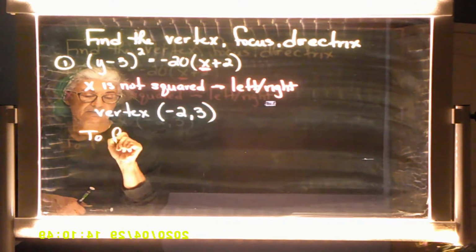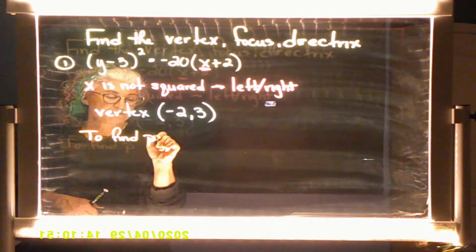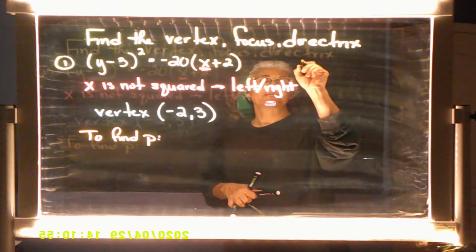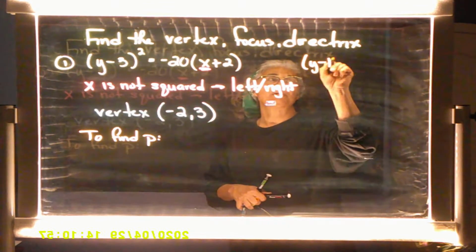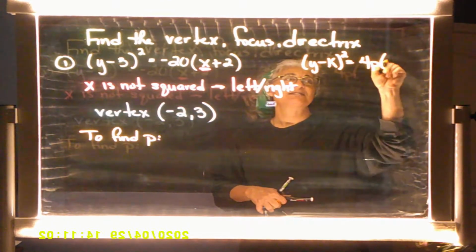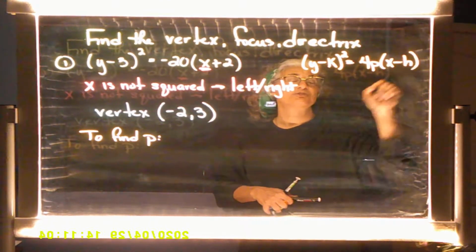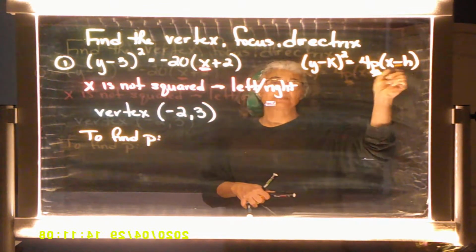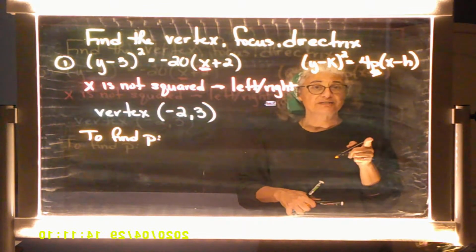So, to find p, remember the standard form, and I'm going to rewrite it over here. It was y minus k, quantity squared, equals 4p times x minus h, right? Okay, p is right here in front of the x parenthesis in this case, correct?